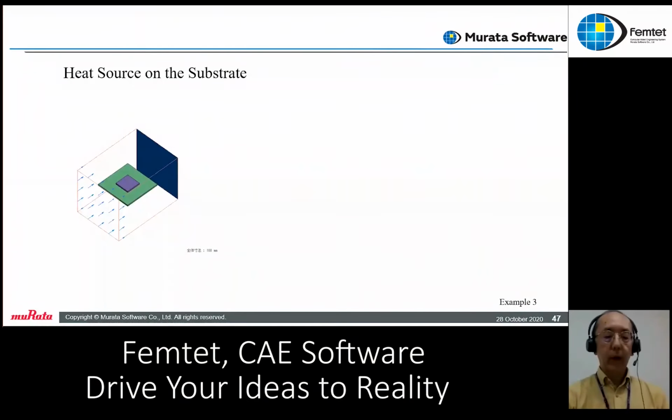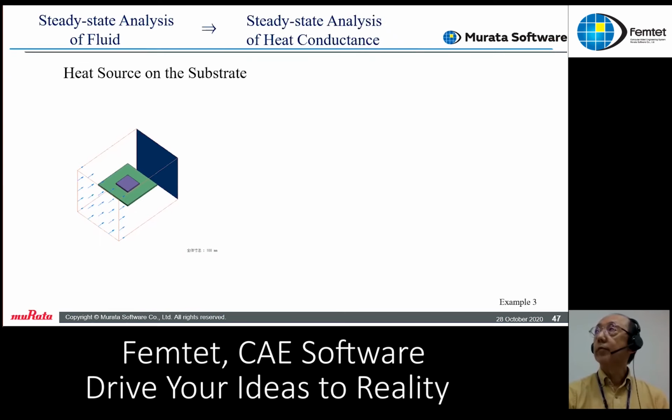Now, the example of the coupled analysis of fluid and heat conductance. First, we perform the steady-state analysis of fluid, and then move on to the steady-state analysis of heat conductance. The analysis model has a substrate.